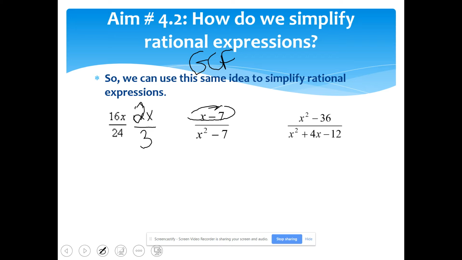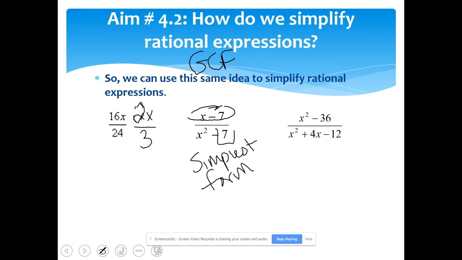On the bottom, we have x squared minus 7. So two terms, subtraction, I see a square, I'm thinking difference of squares formula. But the 7 is not a perfect square. So I can't do any factoring with that. So this already is in simplest form and cannot be reduced.